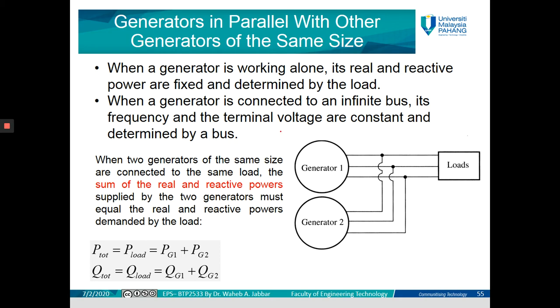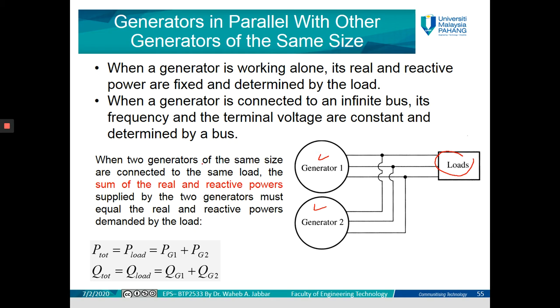But if you have more than one synchronous generator, like generator 1 and generator 2, so two generators here are going to supply the same load, and they are going to share this load based on their rated power and based on their frequency when synchronous to the grid and so on.